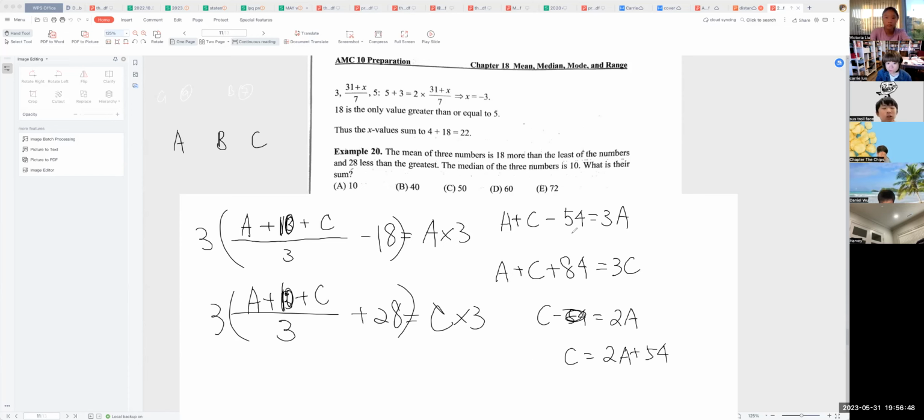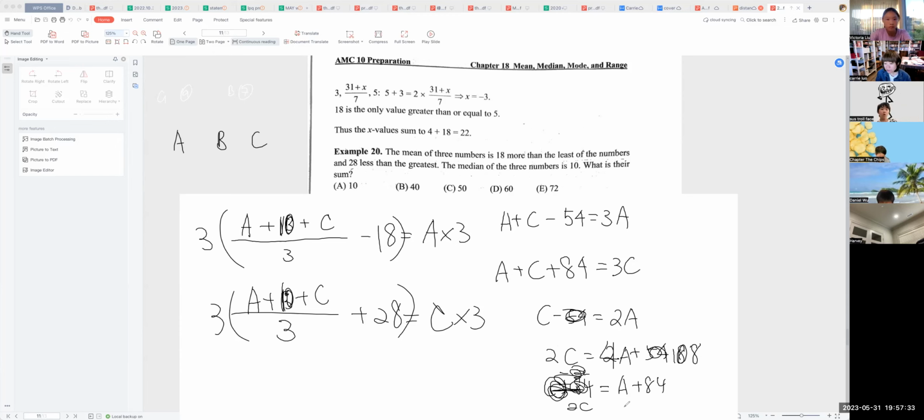And A plus 84 equals 2C. So 2C equals 4A plus 108.